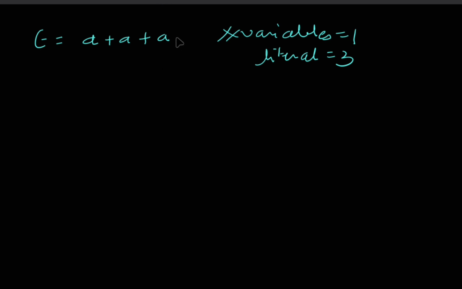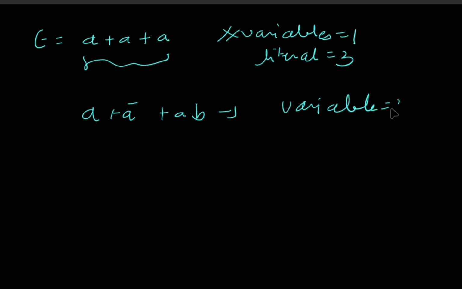So you have to focus on each appearance. You have 3 literals and 1 variable. So this is the entire idea. So if I give you A plus A bar plus AB, the number of variables, you have 2 variables. Literals you have 4. Right? So that's all for this lecture. We'll meet in the next lecture.